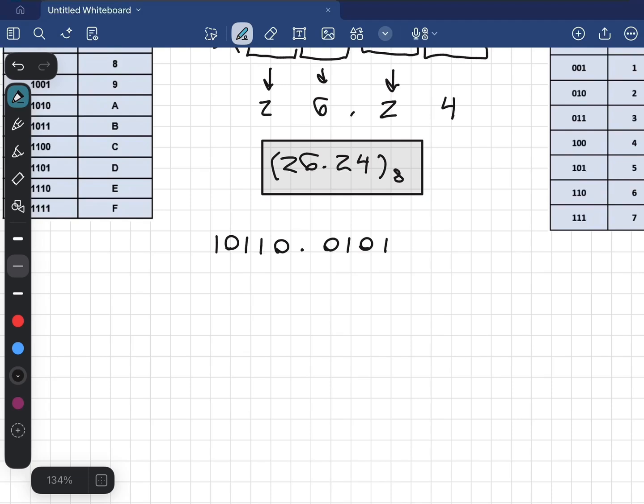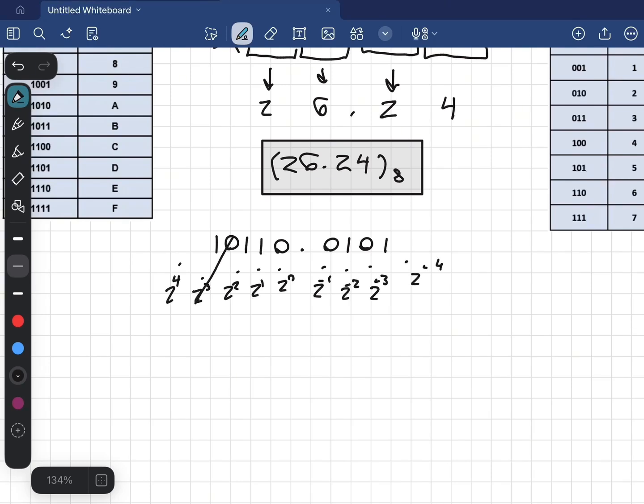So multiplying 0 by 2 to the 0, multiplying 1 by 2 to the first, multiplying 1 by 2 to the second, multiplying 0 by 2 to the third, and multiplying 1 by 2 to the fourth. And then same thing on the right side except negative exponents. 0 multiplied by 2 to the negative first, 1 multiplied by 2 to the negative second, 0 by 2 to the negative third, 1 times 2 to the negative fourth.